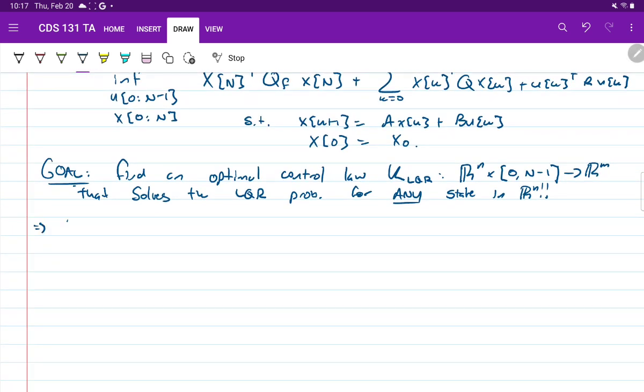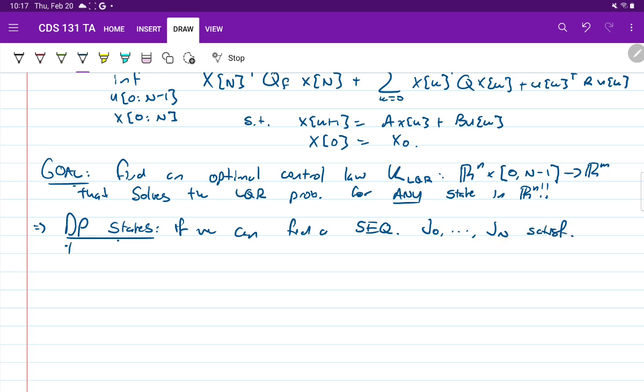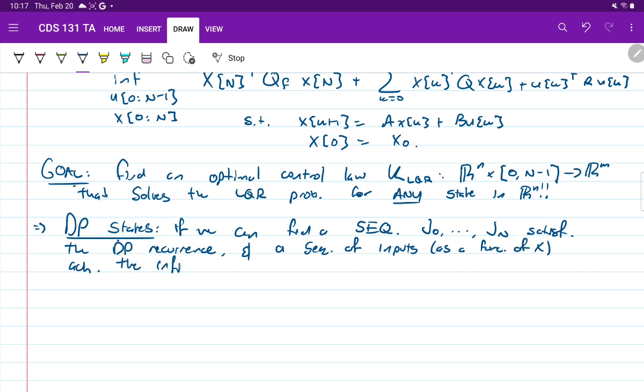So what are we going to do? What does our dynamic programming algorithm state? If we can find a sequence of functions J_0 through J_N satisfying the dynamic programming recurrence, which we just outlined in the theorem above, which follows from the principle of optimality, and a sequence of inputs as a function of x achieving the infimum, then we can solve the LQR problem.